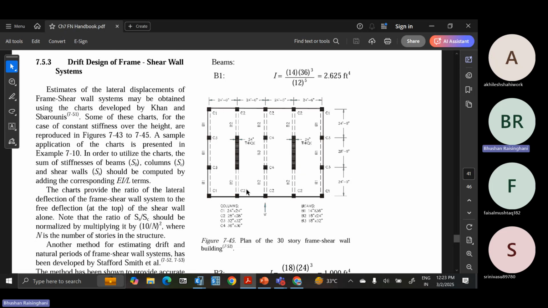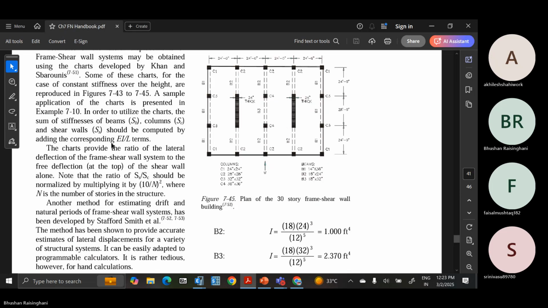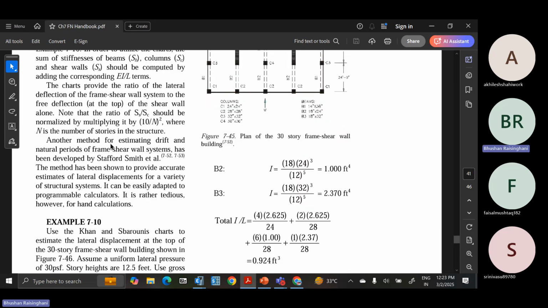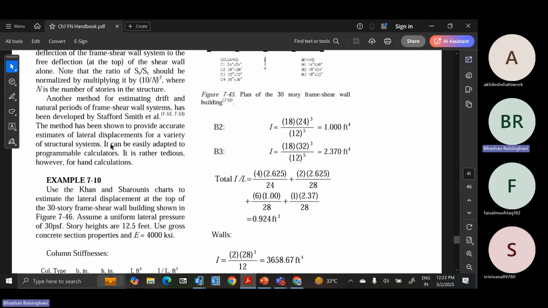And I don't think we will be able to cover this today. So maybe you go through it, and next session we will also take your doubts on this particular topic, in which drift design of the frame shear wall systems are there. However, let me just show you the main thing.